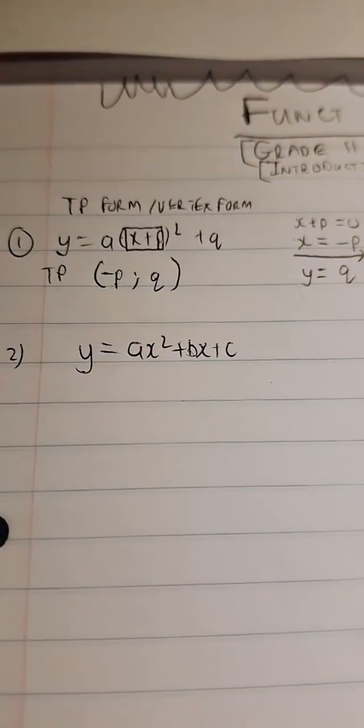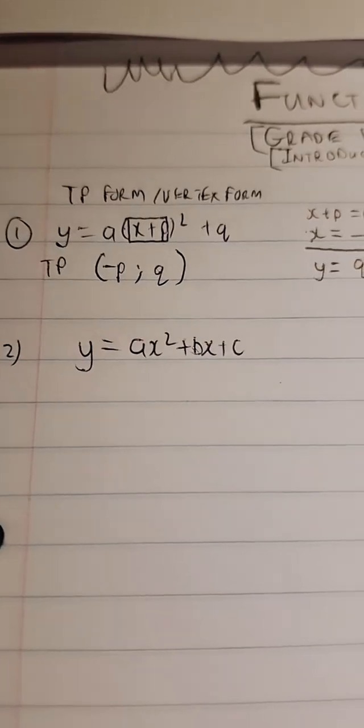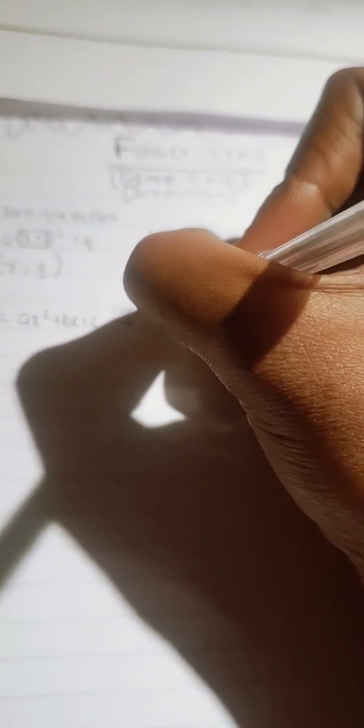2. What if the function is given in this form? Now, I know some of you are like, sir, in grade 11, I learned at the beginning of the year, term 1, that you can actually do something called completing the square of the expression.